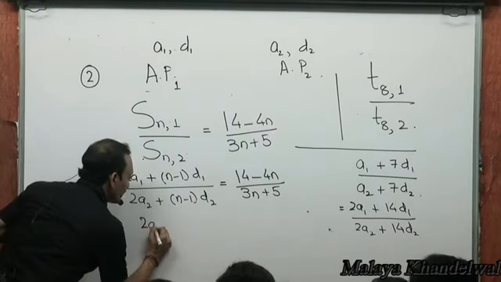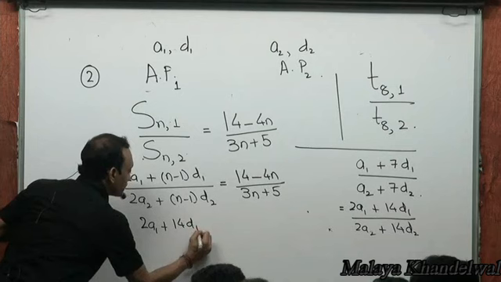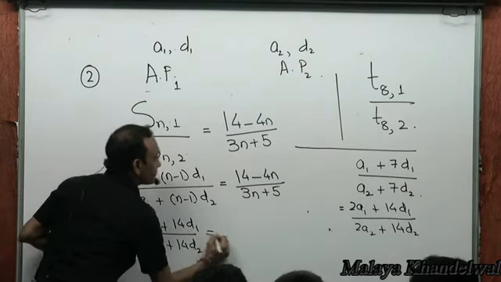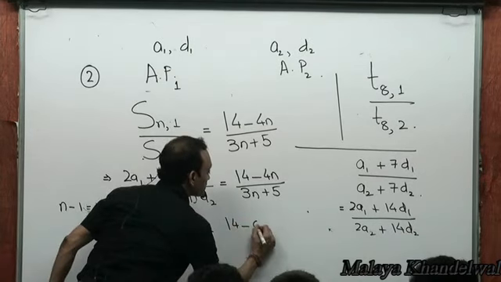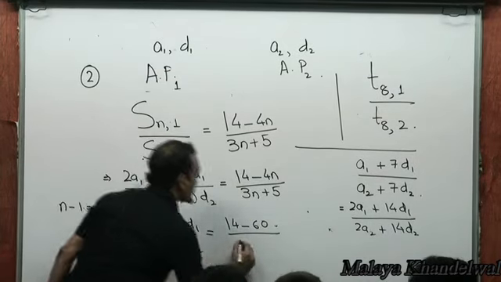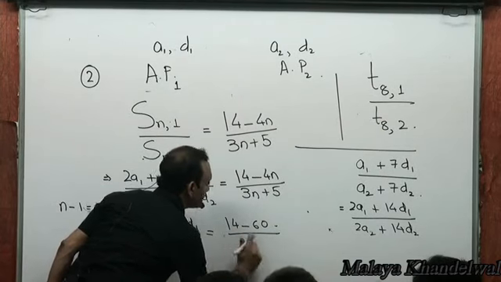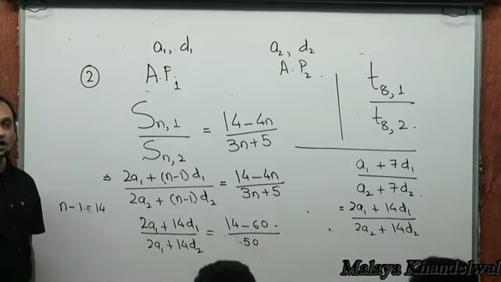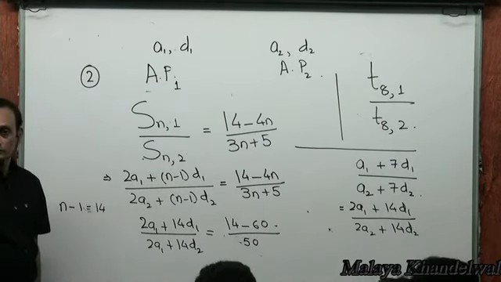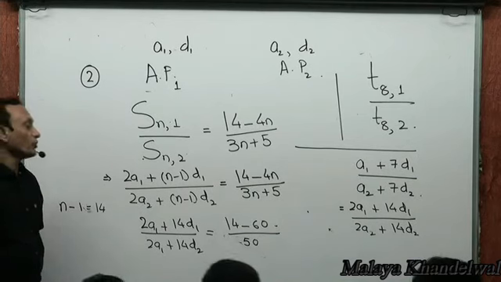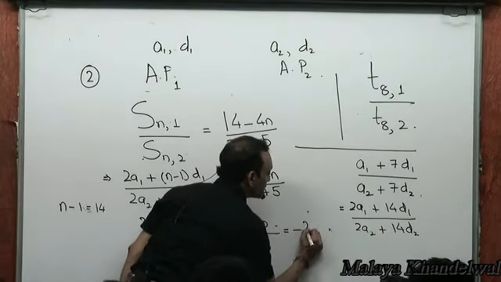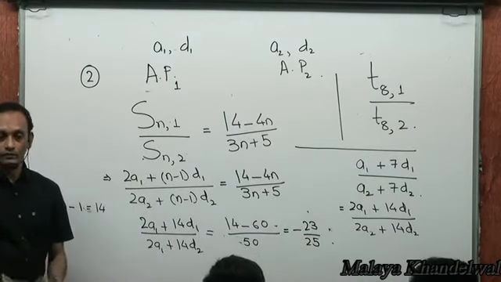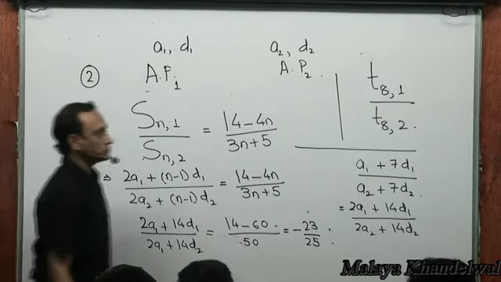That means 2A1 plus 14D1 divided by 2A2 plus 14D2 is, with n as 15, 14 minus 60 divided by 50. Yes or no? Clear? So which is minus 46 by 50, which is minus 23 by 25. Clear?